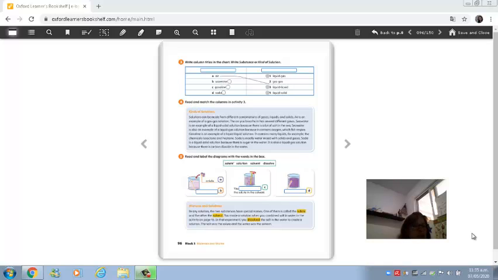C. What did we do with the salt and water? Dissolve, right? When we mixed it, it dissolved. Okay. You dissolve the solute in the solvent. Last column. What is it? Correct. A solution.